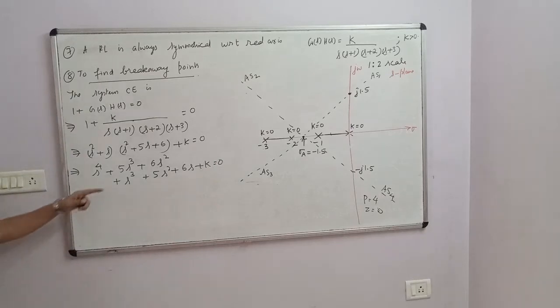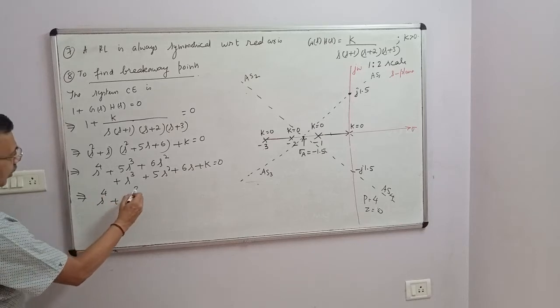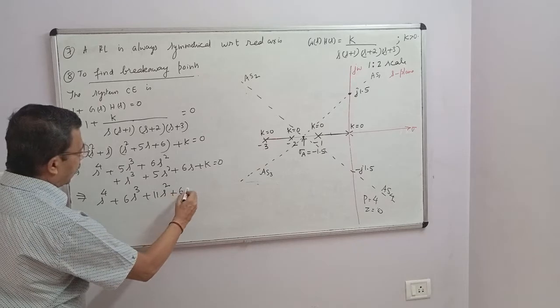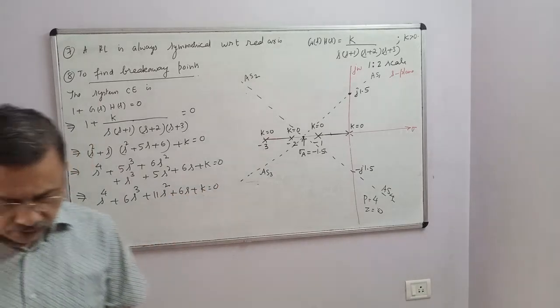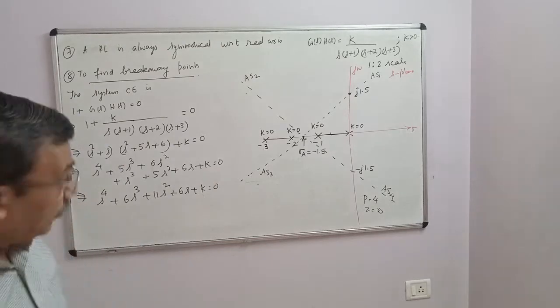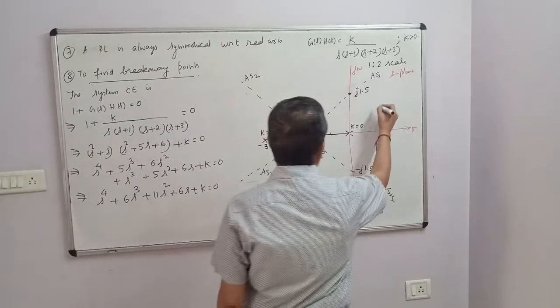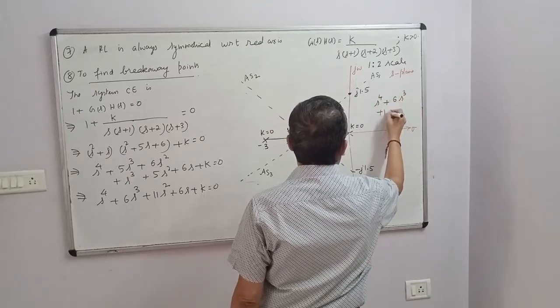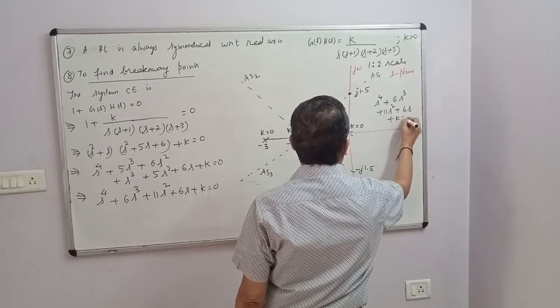I left out k here. Please write k. Now if you add, s to the power 4 plus 6s cube plus 11s square plus 6s plus k is equal to 0 is the characteristic equation.